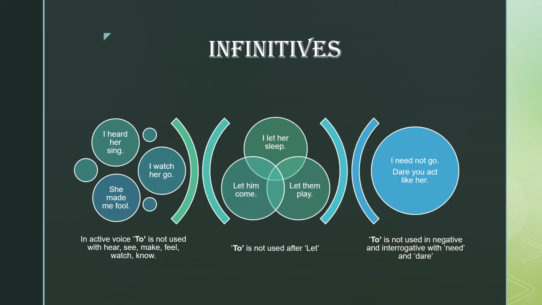So whenever you have an active voice, the syntax of that particular sentence will be first the subject, followed by the verb, and finally the object. When I have a passive voice sentence, the structure will change. In passive voice, we give more importance to the object, to the receiver of the action.